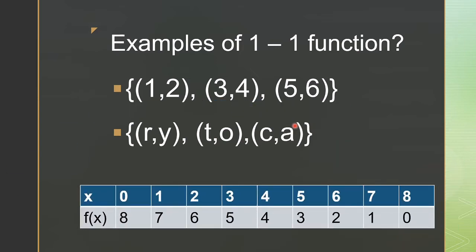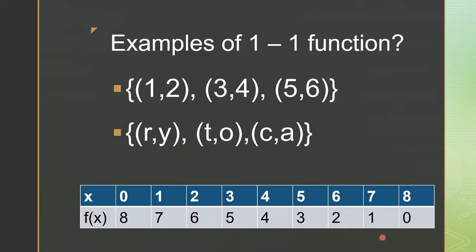And also we have this table of values. Kung napapansin nyo, yung x value natin is unique, walang nauulit, and then yung f of x naman natin is hindi rin nauulit. So that is also a unique number. So therefore, this example is a one-to-one function.